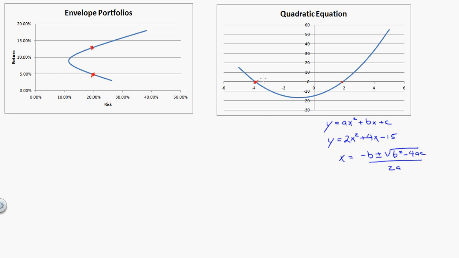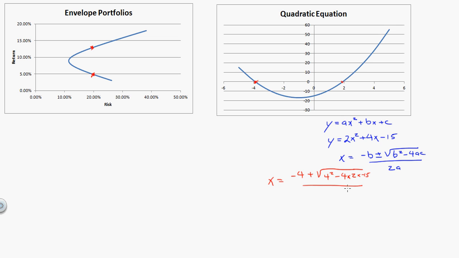So what I want to do here is find the quadratic solution first, and then I'll do it for this one. So over here, x is going to be equal to negative b, which is minus 4. Let's do plus first, plus the square root of b squared, which is going to be 4 squared minus 4ac. So that's 4 times 2 times negative 15.